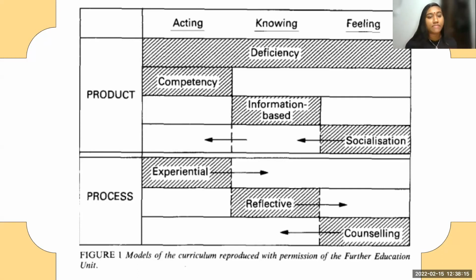And then for the information-based part of the product model, what is the teacher presenting to the students? How are they going to follow all the information that is presented to them? And then socialization: how are they going to act according to what they have learned, in society and in the environment?